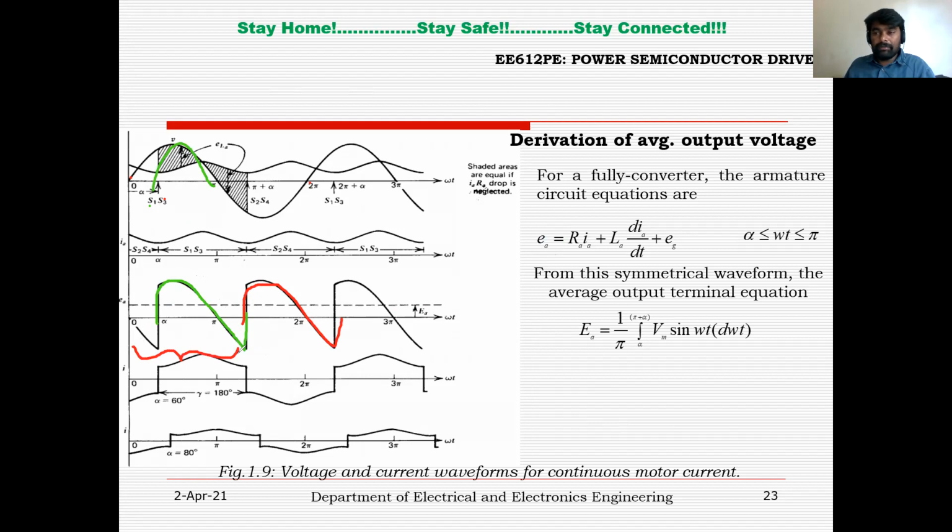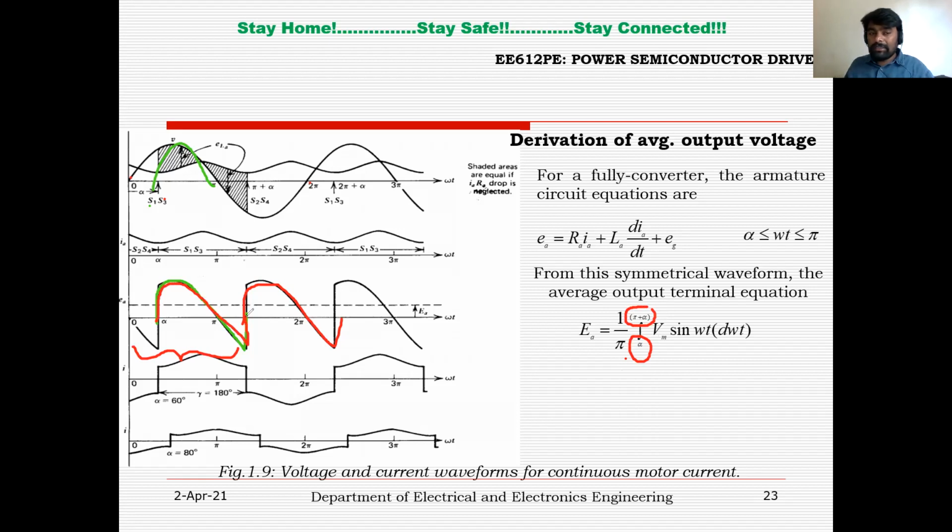If they are not symmetrical, we need to consider the complete cycle, which is of duration 2 pi. Since they are symmetrical waveforms, I can consider only one half cycle. That is why the average output voltage across the load has 1 by pi, because we are considering only one positive half cycle, and the integration is from alpha to pi plus alpha, because from alpha to pi plus alpha we are getting output voltage across the load.